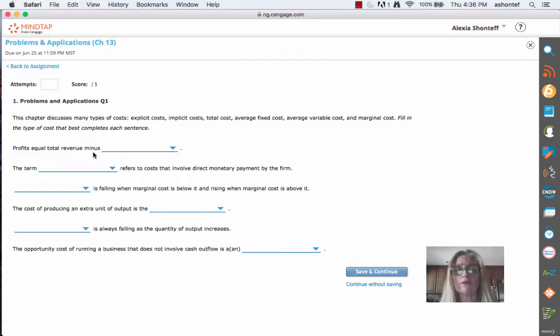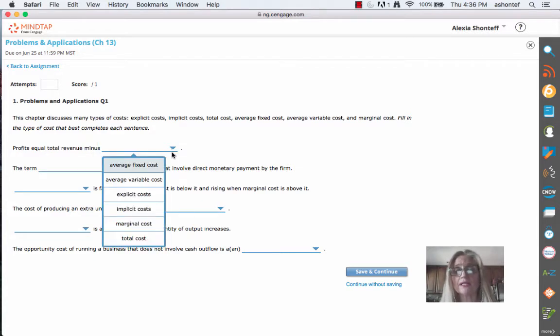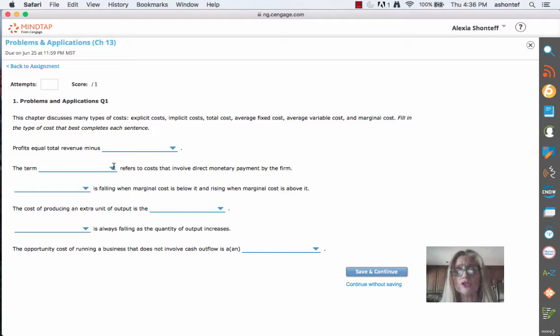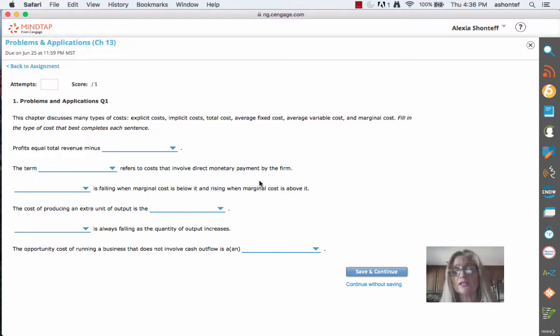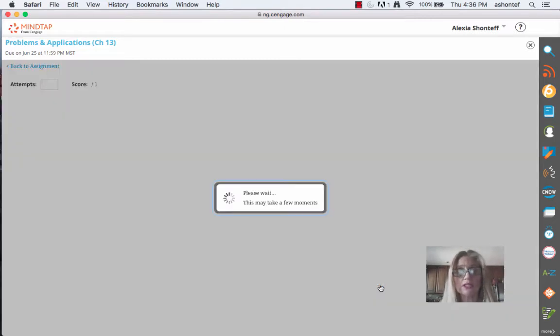Profits equal total revenue minus, and then you'll click on this and then you'll select. So I'll give you the first one. It's a nice and easy one, it will be your total cost. So you'll just go through and do that for each one. So if I were you, I'd read the sentences a couple times before you select your answer. Let's move on to the second question.